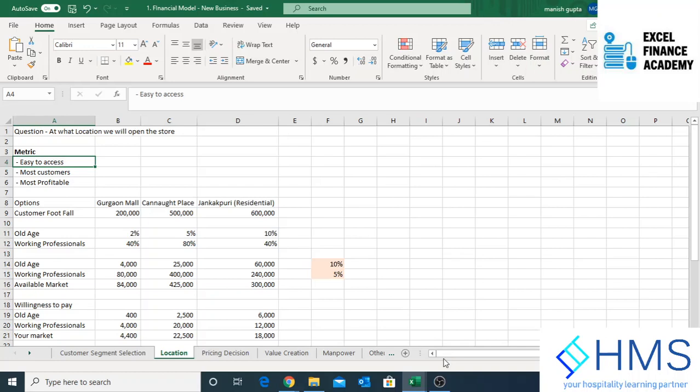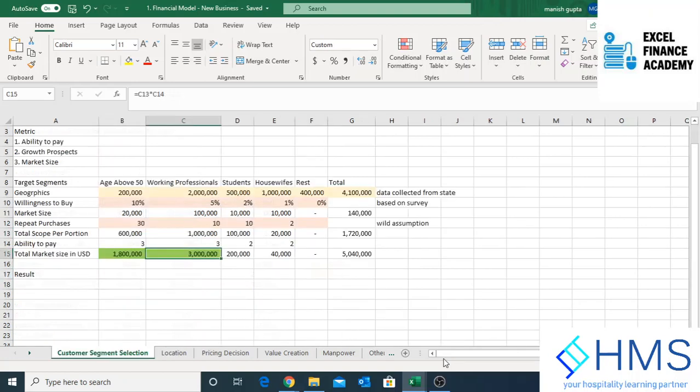We took the example of Gurgaon, Connaught Place and Janakpuri in Delhi, India, where you may find different customer footfall by customer segment, how many are old age, how many are working professionals. So what would the market size be for the different customer segments that you want to choose, which we get from our customer segmentation.